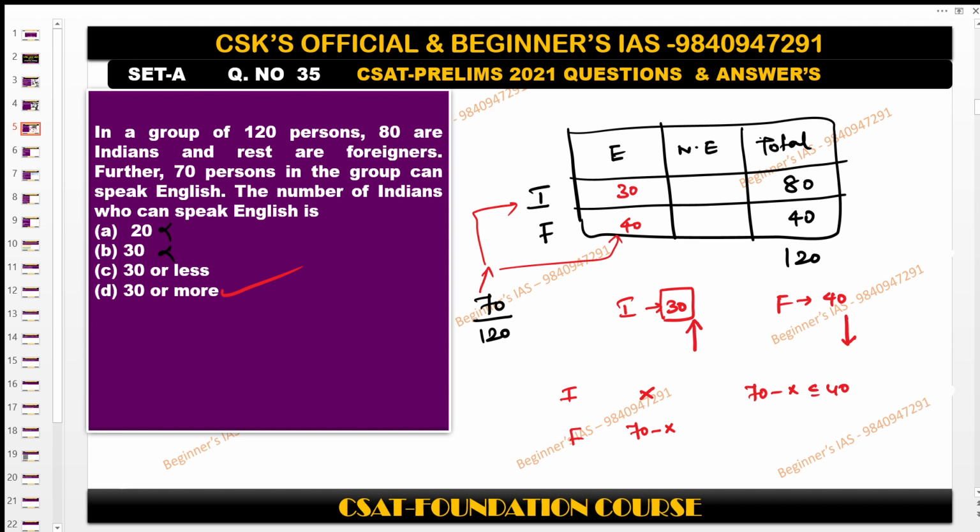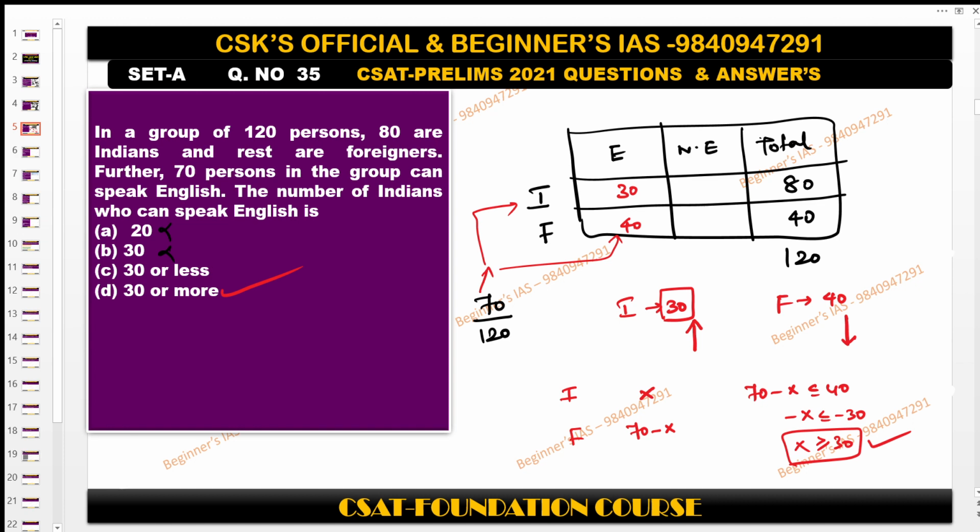So minus X is less than or equal to minus 30. If you multiply this by minus, the inequality sign changes. Therefore X is greater than or equal to 30, which means the number of Indians who can speak English is 30 or more. Clear? Anybody having a doubt? No doubt.